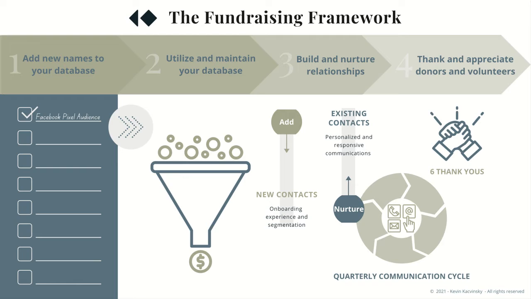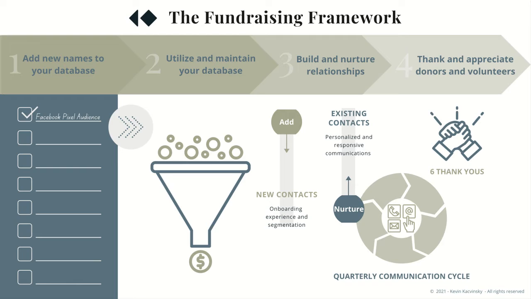Now, you'll see that this has arrows like a process, but really the basis of this is the marketing funnel. In a marketing funnel, you add names to the top of the funnel. You have communications, events, other things throughout. And at the end, this is like a buyer's journey.